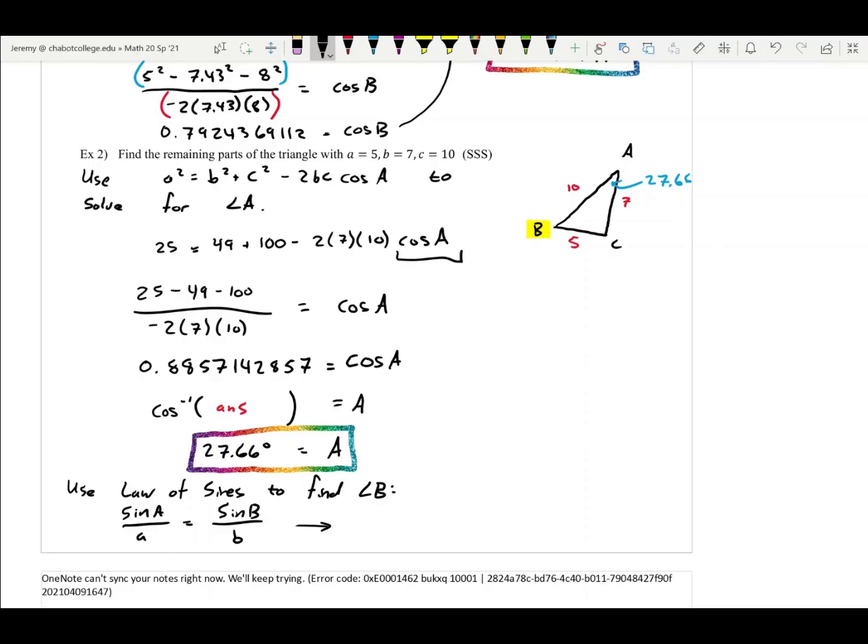And then plugging in actual numbers for that, maybe I'll keep working up here since I'm out of room. So sine of A, which is 27.66, divided by a, which is 5, is equal to sine of capital B over little b, which is 7. So I can just multiply both sides of this equation by 7.